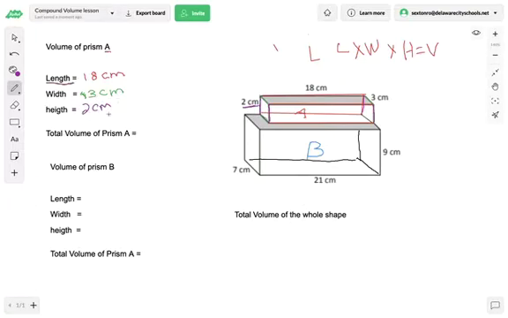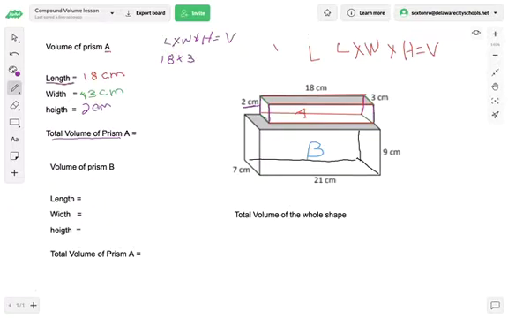Okay? Now I need to find the total volume of prism A. I'm just going to use my formula. My formula, remember, is length times width times height equals volume. So my length is 18. My width is 3.